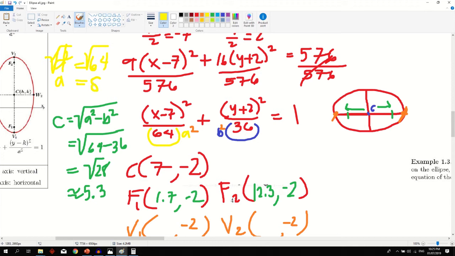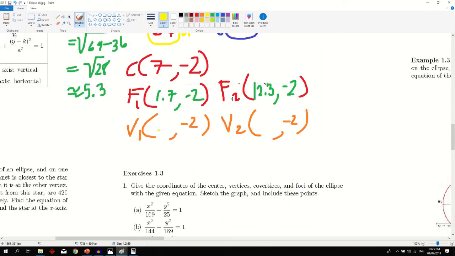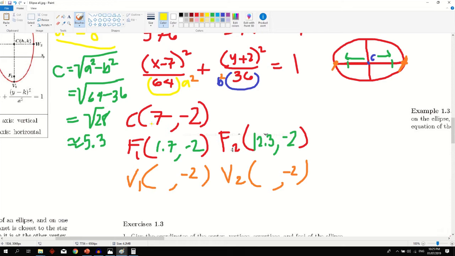Okay, so we have here 8. So from the center, we will minus 8 and plus 8. So 7 minus 8 is negative 1, and 7 plus 8 is 15. Okay. So easy, right?